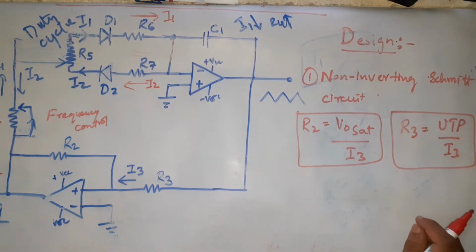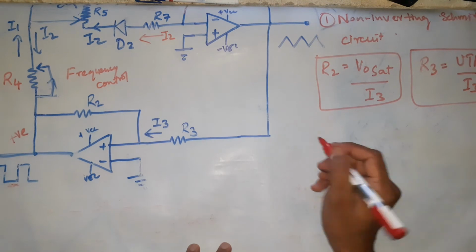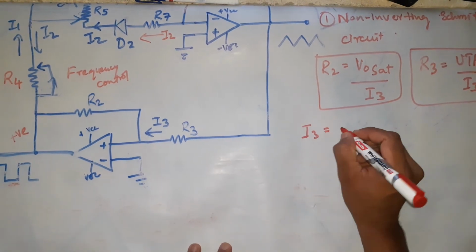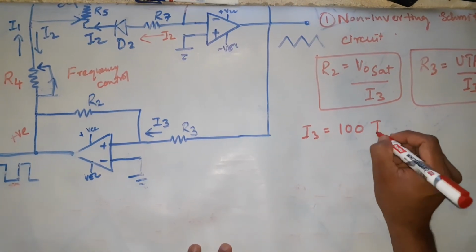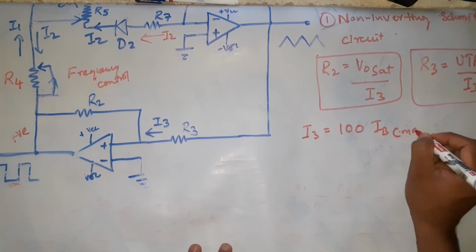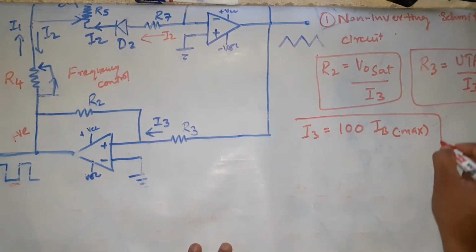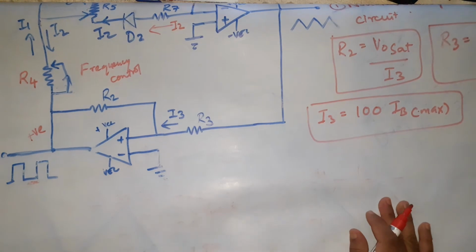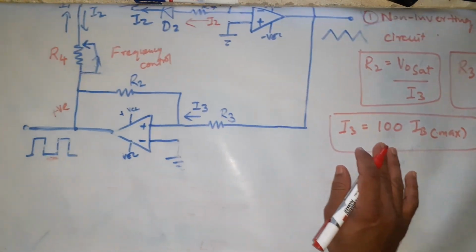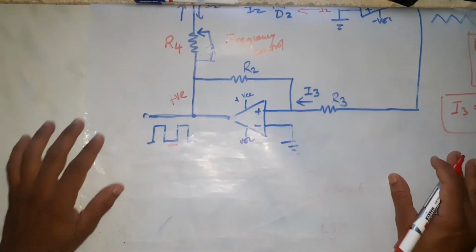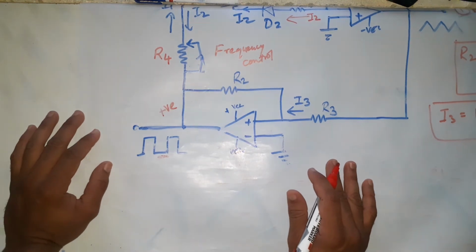UTP divided by I3, where I3 is equal to 100 times IB max. So, capacitor. We have a capacitor here, right?